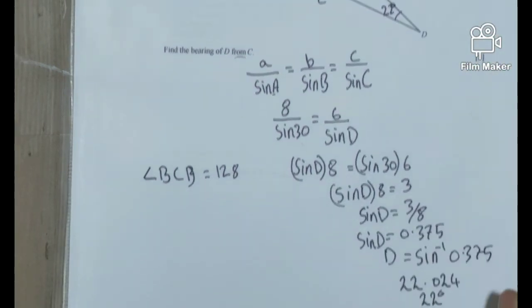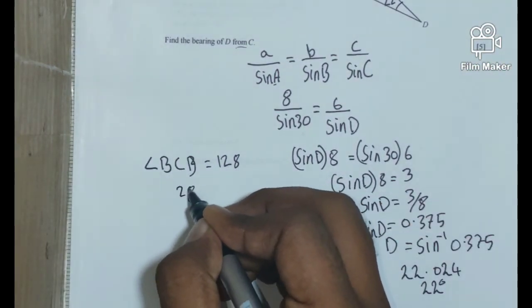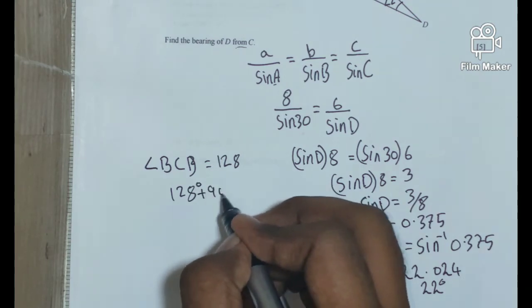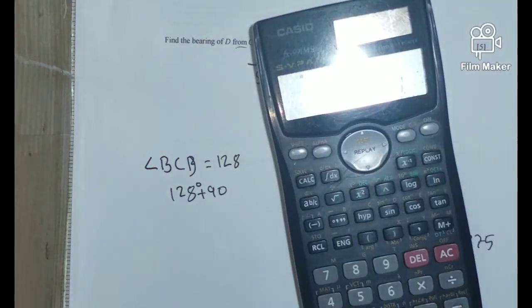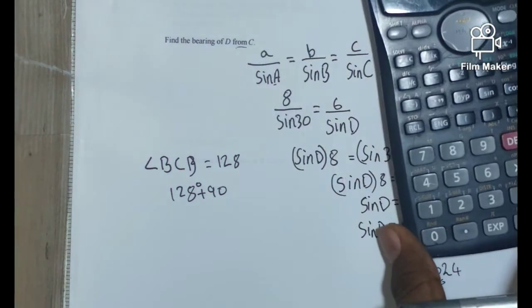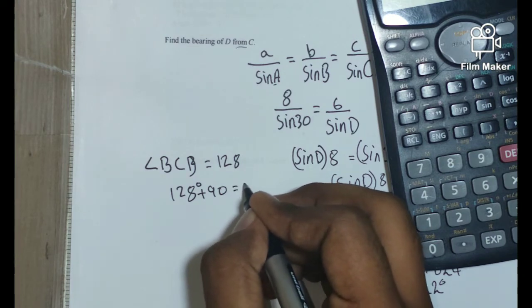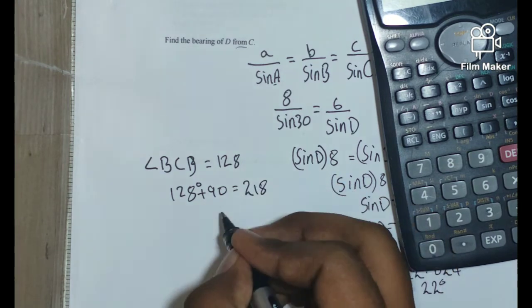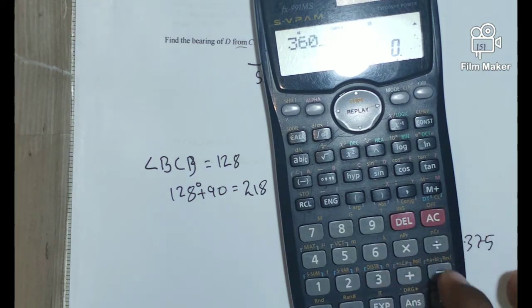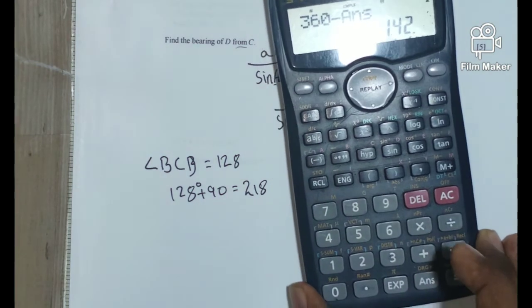So we'll do it over here: 128 degrees plus 90, 128 plus 90 is equal to 218, and then we'll subtract it from 360. The answer is 142.